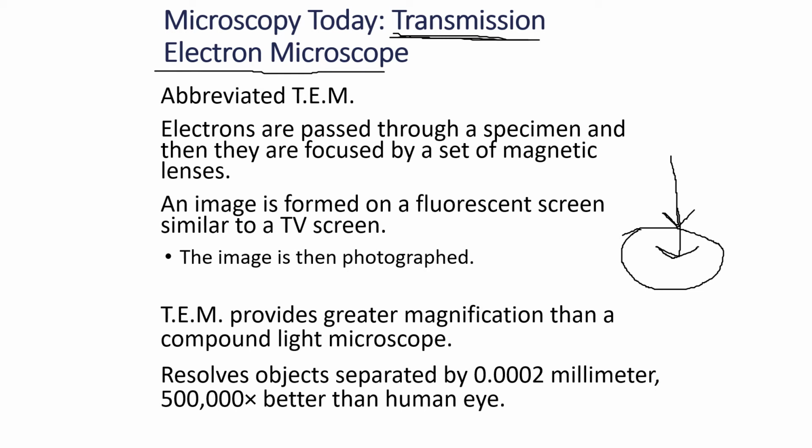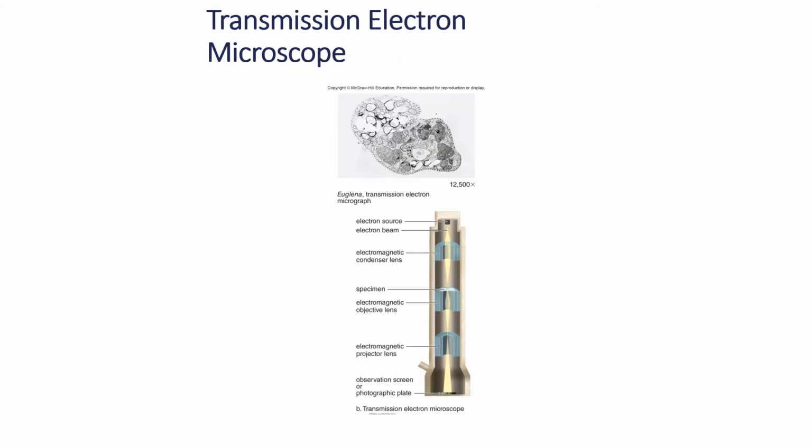But that's usually all you can really tell when you're using a light microscope. With the transmission electron microscope, you can usually identify every single organelle that I will talk about later. So yeah, that's transmission.